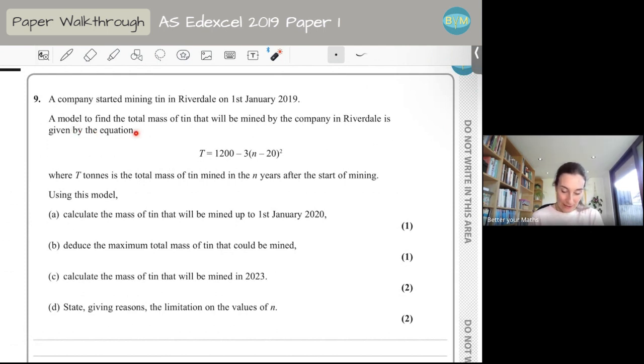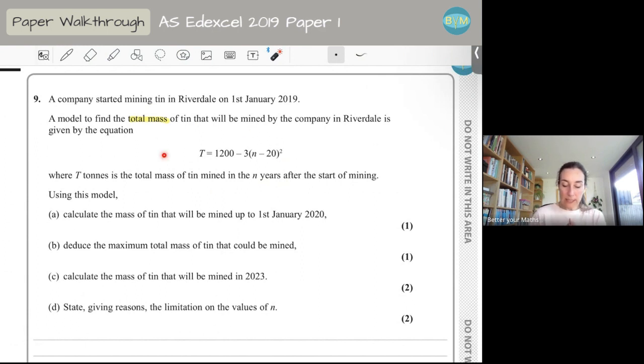A model to find the total mass, and this is important, of tin that will be mined by the company in Riverdale is given by this equation, where T tons is the total mass of tin mined in n years after the start of mining. Using the model, calculate the mass of tin that will be mined up to 1st of January 2020.